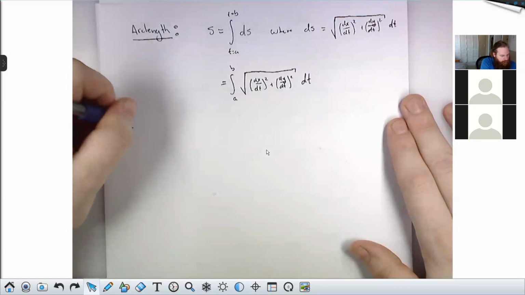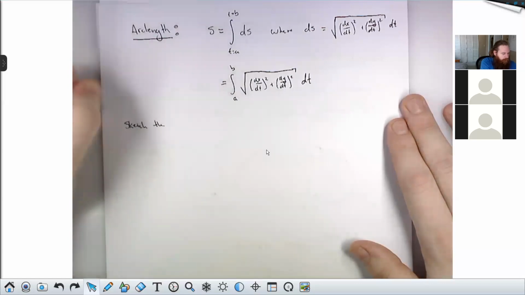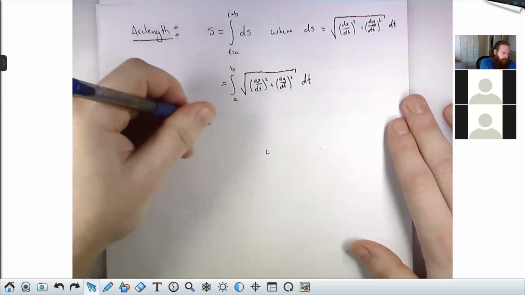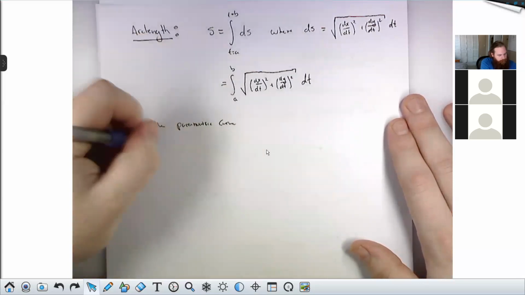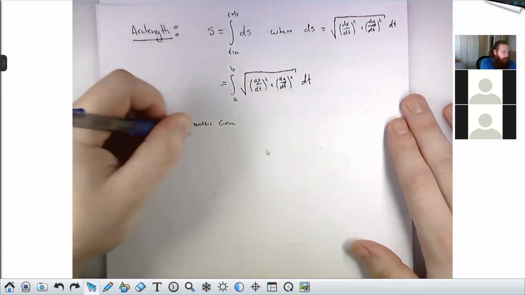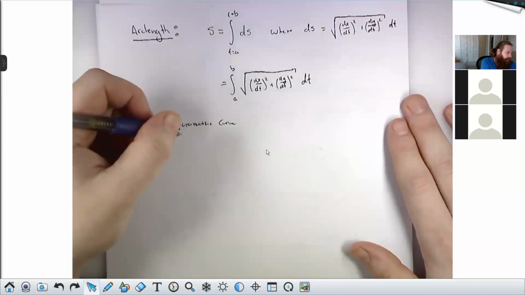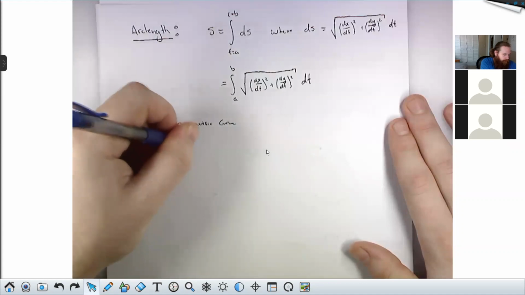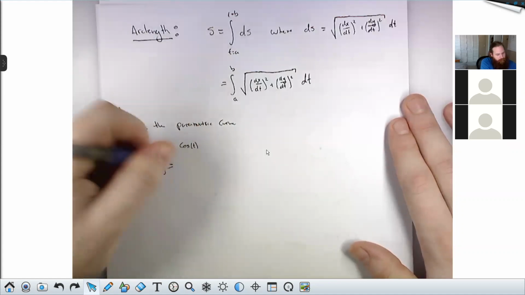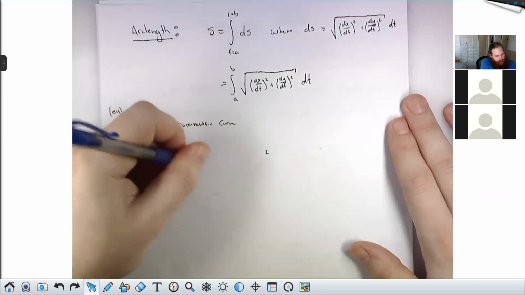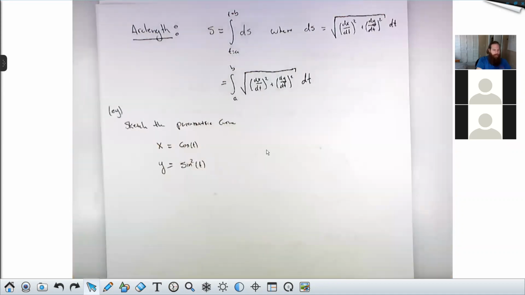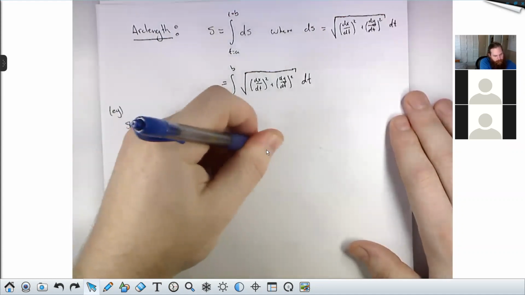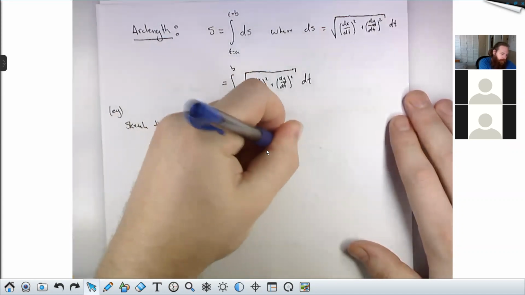So let's sketch a parametric curve, for example: x equals, how about cos of t, and y equals sine squared of t, where 0 is less than or equal to t is less than or equal to 2 pi.